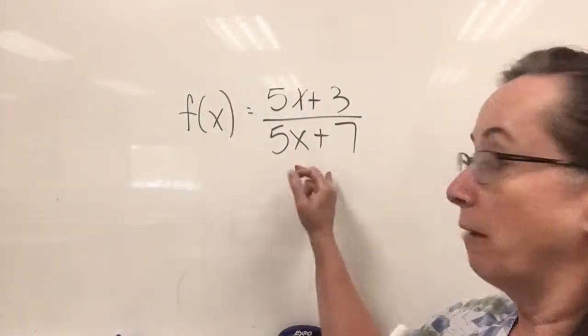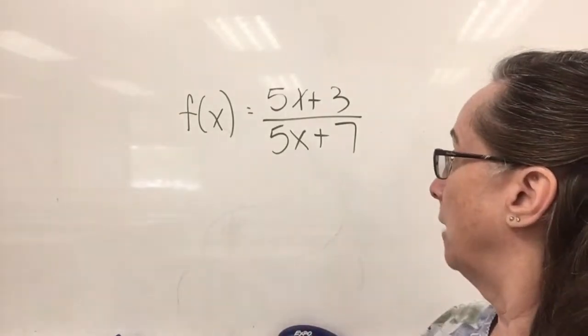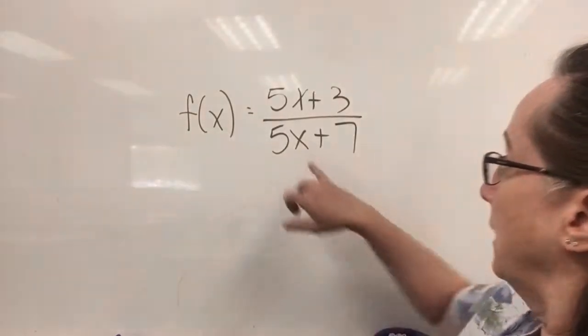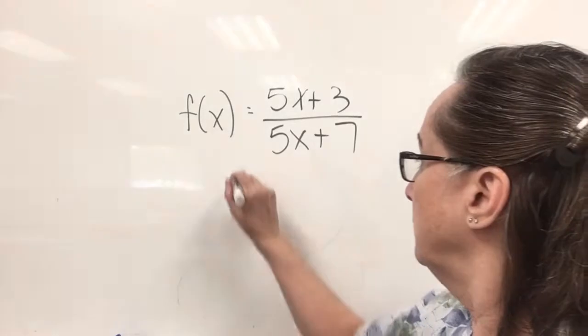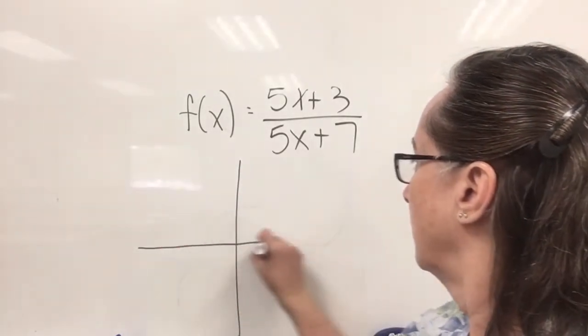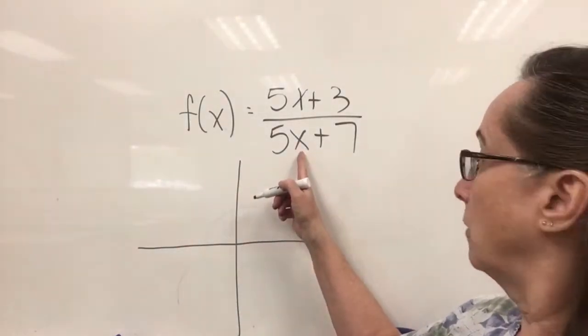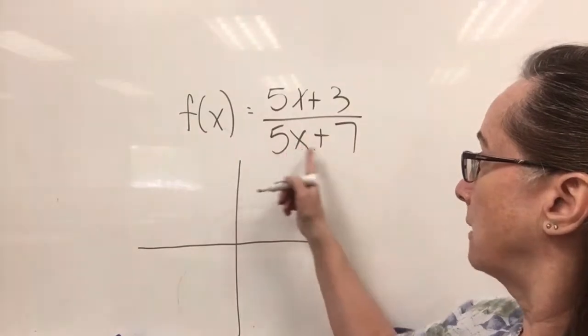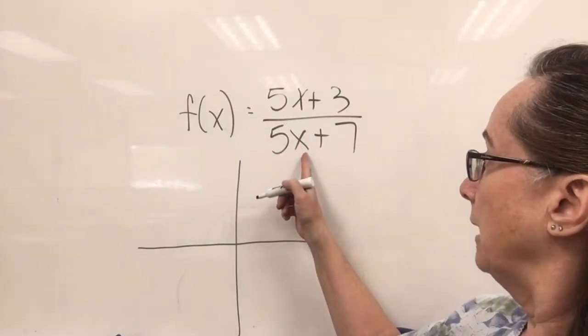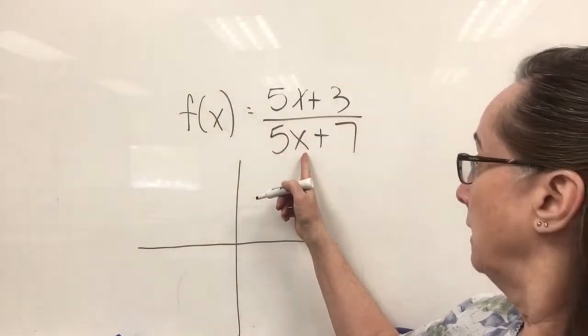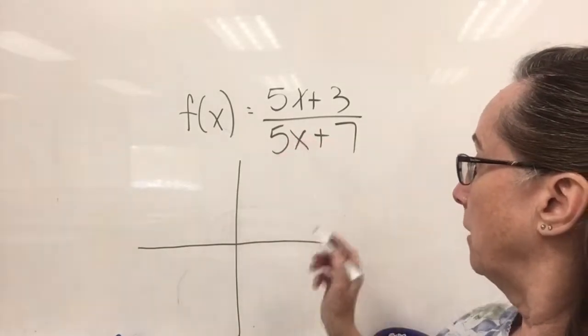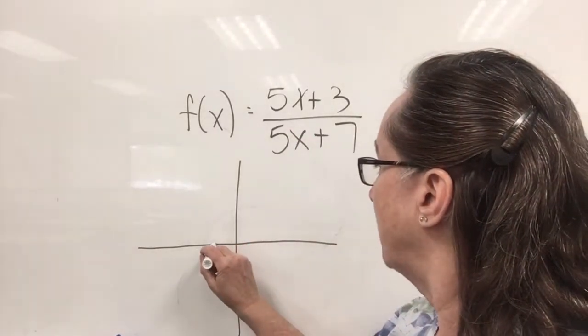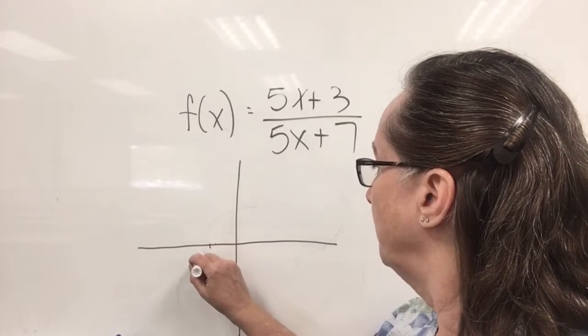And these, when we graph them, remember they have asymptotes. So this one has a vertical asymptote. Okay, we plug in the vertical asymptote. We say, okay, what makes this go to 0? And it would be negative 7/5, right? If I had a negative 7/5 in there, it would go to 0. So negative 7/5 is a little bit over 1.